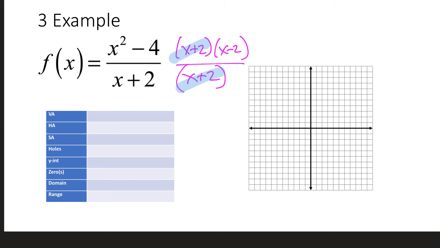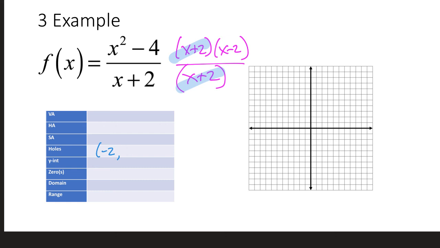Now, before you cancel, look at the blue highlighted parts and ask yourself what x value makes that equal 0. I think you will say it is -2. Again, it's highlighted in blue.